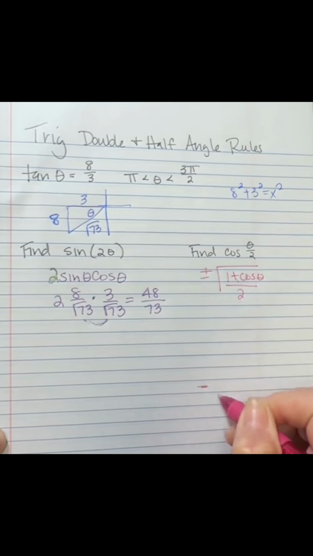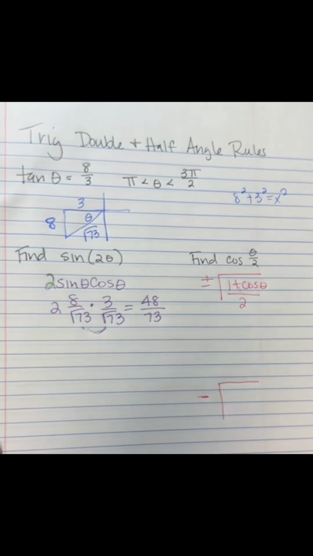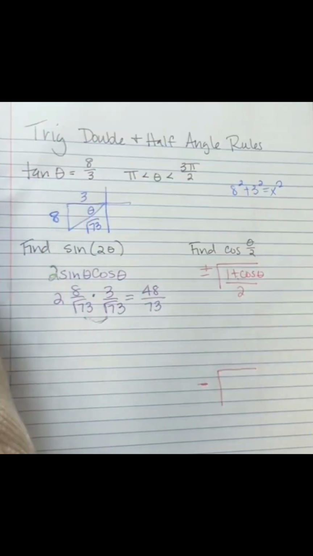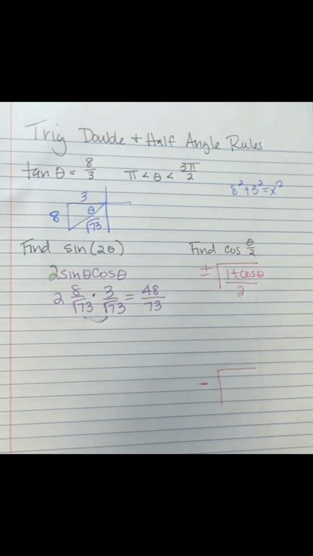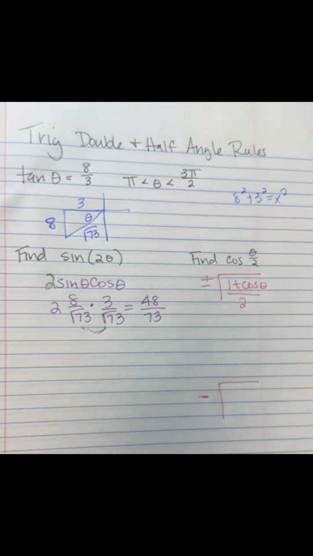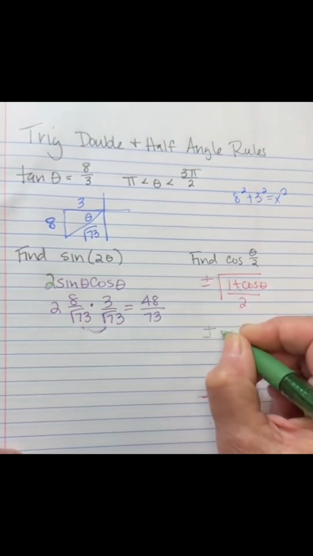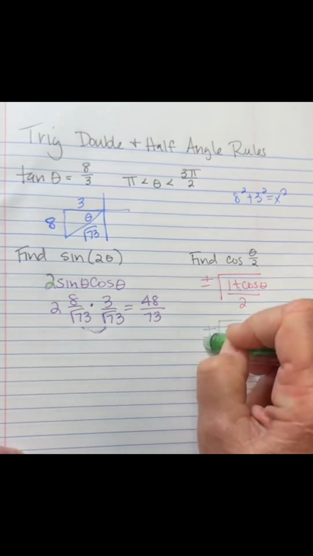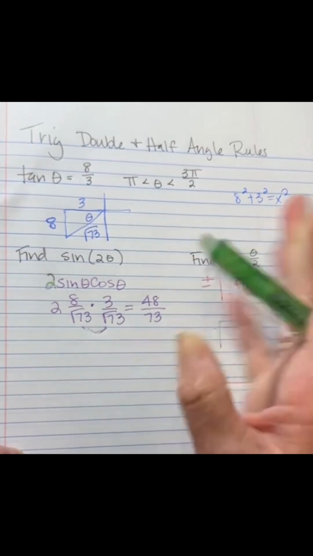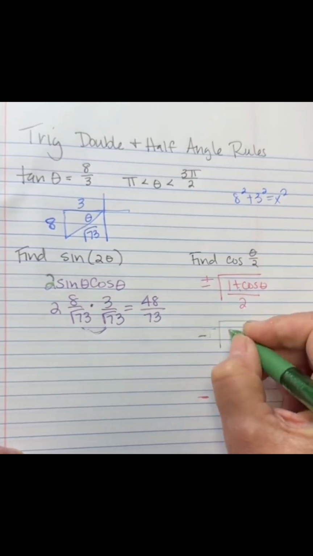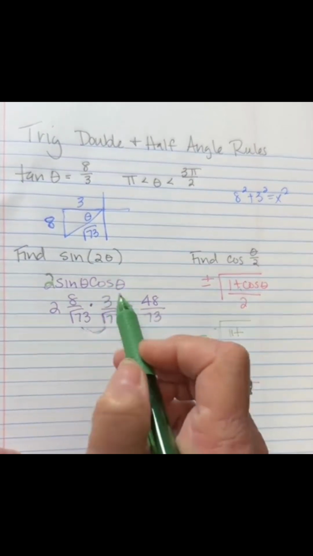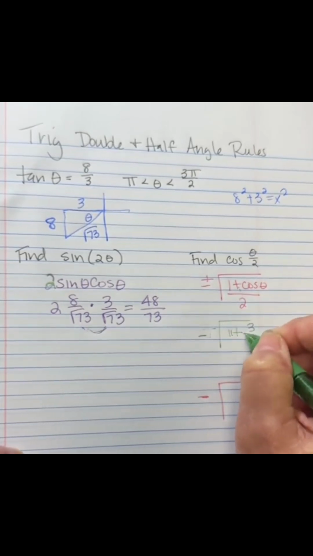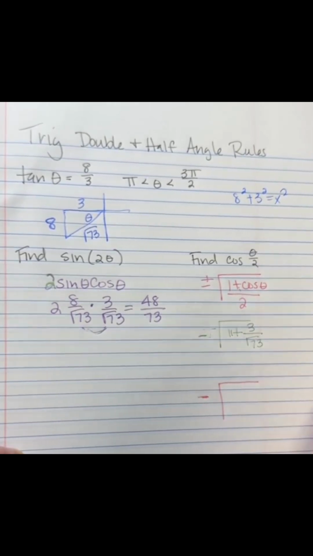So the answer is going to be negative square root. This is plus or minus, we already know it's minus. Remember, this thing erases, look how cool. 1 plus cosine of theta, which is 3 over square root of 73.